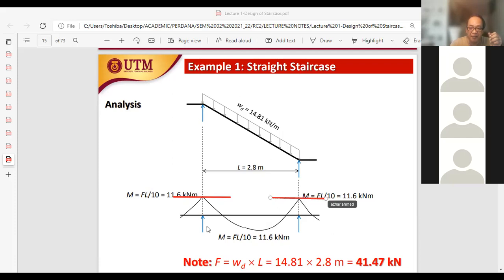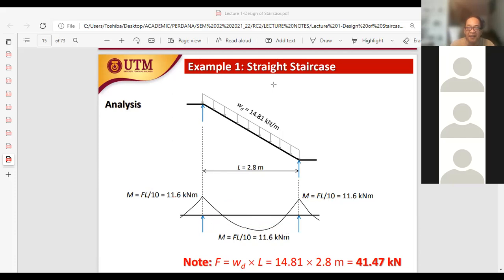We need bottom reinforcement di sini. So for positive bending moment, we need bottom reinforcement, and negative bending moment, you need top reinforcement. And this will form kita punya basis of detailing nanti later on.